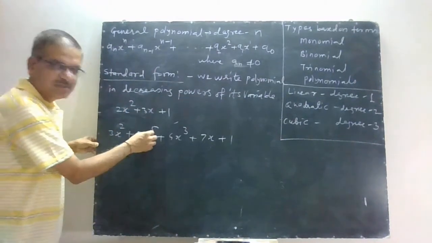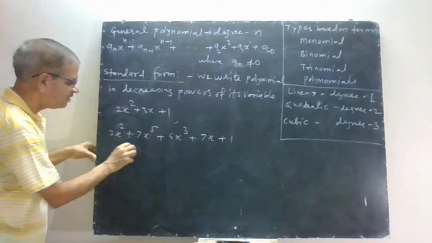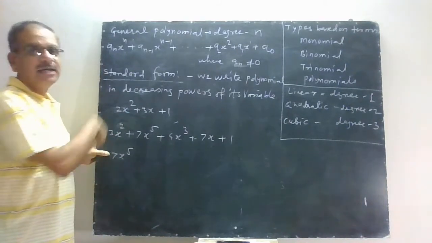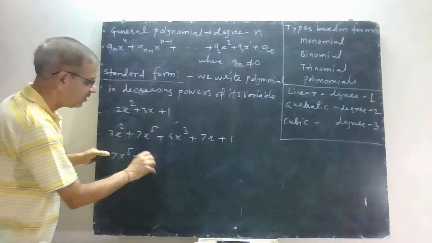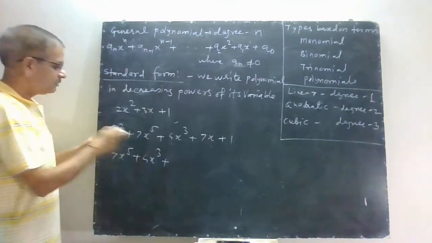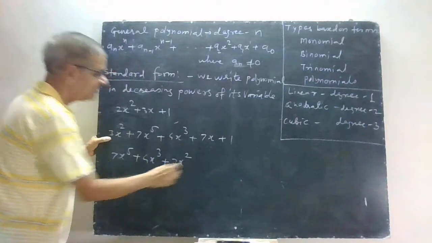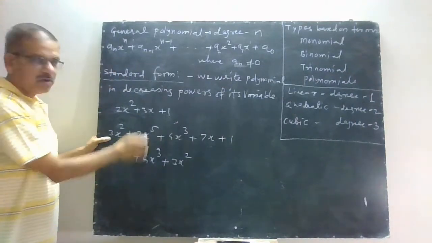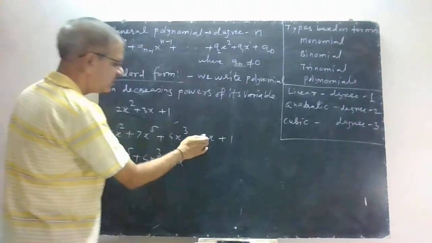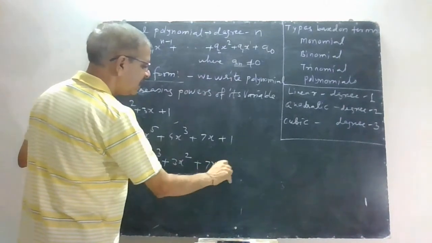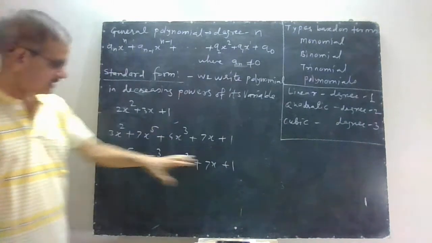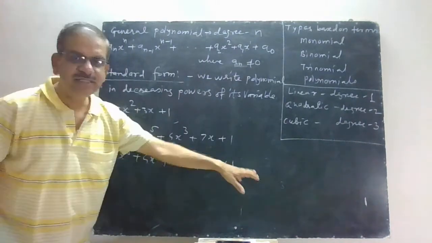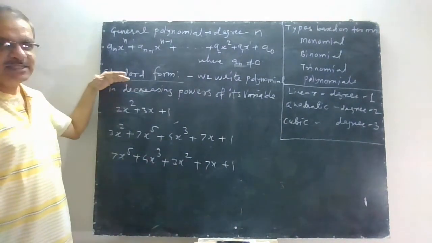The maximum power is 5, so we write 7x raised to 5 first, then a lesser power than 5, that is 3, so plus 4x cube, then less than that is 2, so 3x square, then 1, so plus 7x and plus 1. If you write the terms of the polynomial such that the powers of the variable are decreasing, that is called standard form.